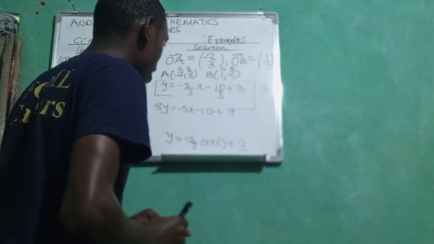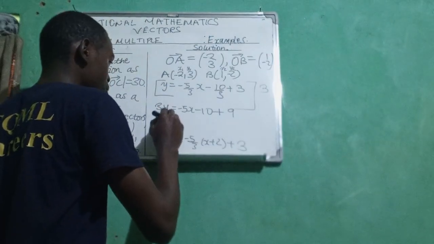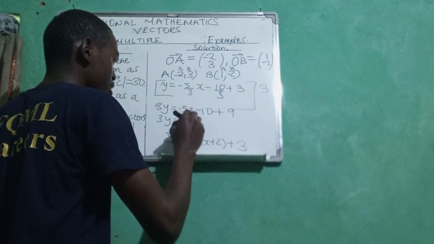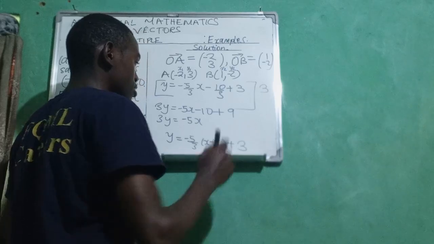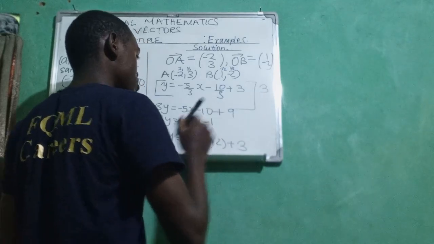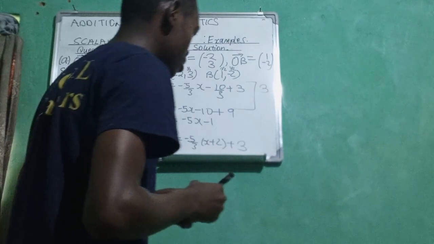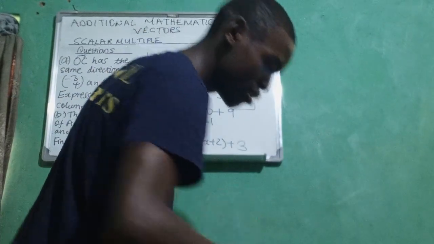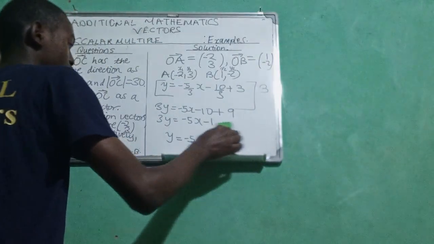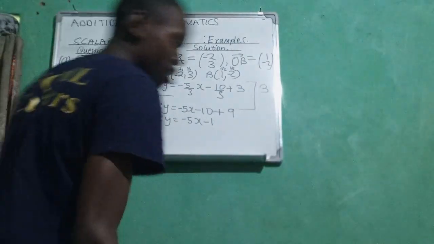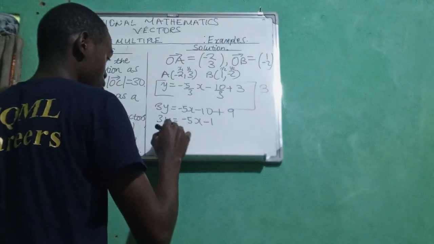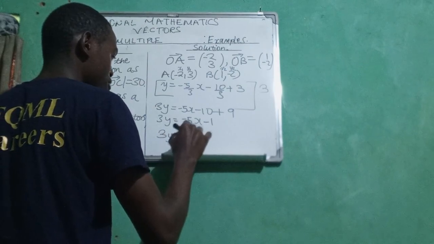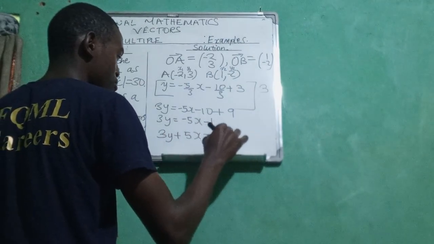Then we just simplify. 3y is equal to minus 5x, minus 1, since negative 10 plus 9 is minus 1. Then let's write it in this form: 3y plus 5x is equal to negative 1.